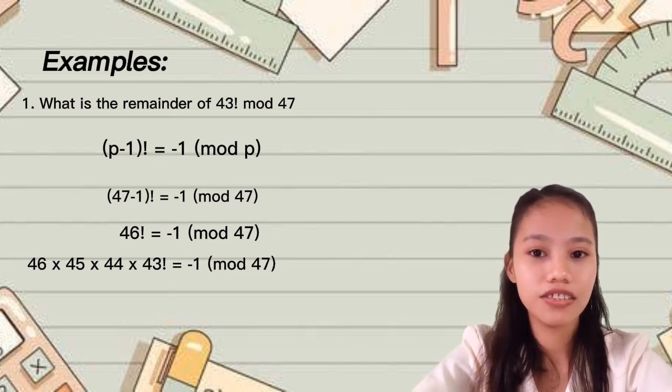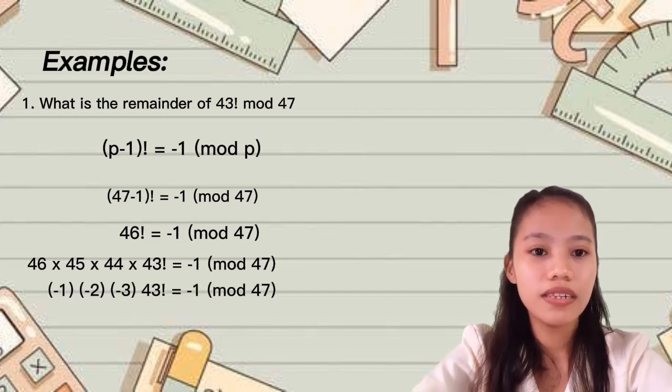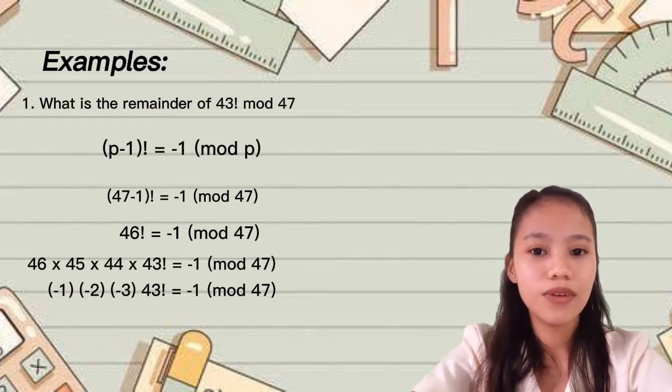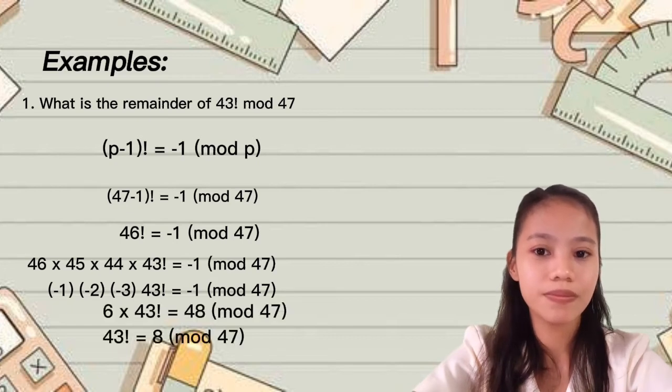Now, we need to eradicate this 46 times 45 times 44. To do that, we will subtract each from our prime, which is 47. So, 46 minus 47 will become negative 1. 45 minus 47 will become negative 2. 44 minus 47 will become negative 3. So, we have now negative 1 times negative 2 times negative 3 times 43 factorial is equal to negative 1 modulo 47.